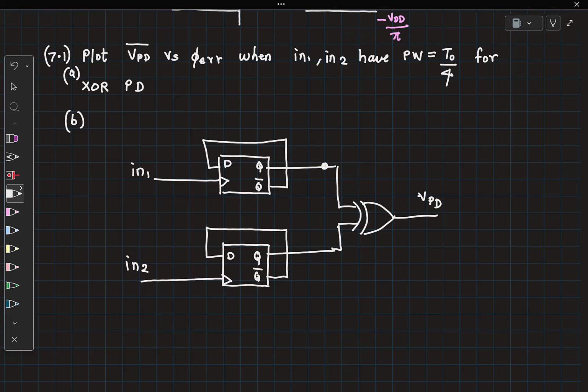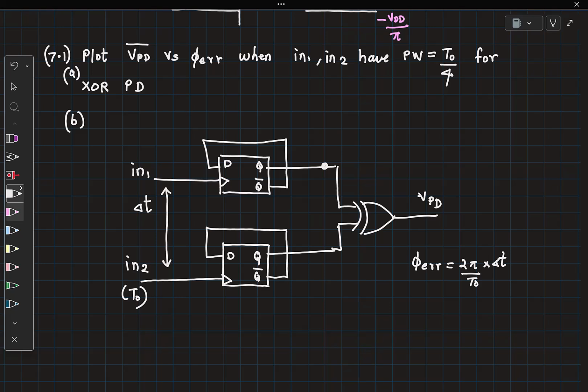Now, what would be your definition of phase error? If in1 and in2 are separated by delta t, your phase error is still equal to 2 pi by T0 into delta t, where both in1 and in2 have the period T0.